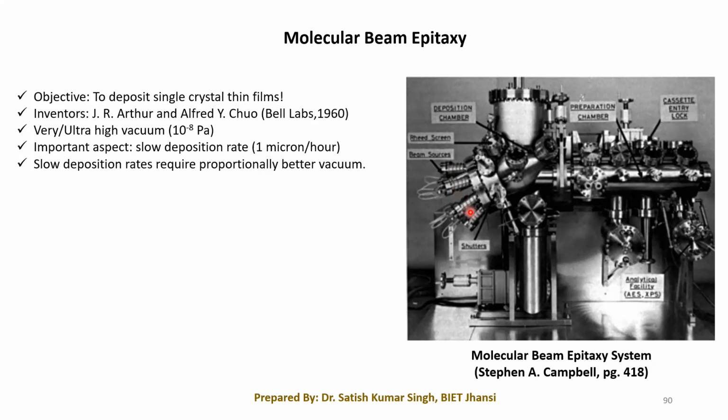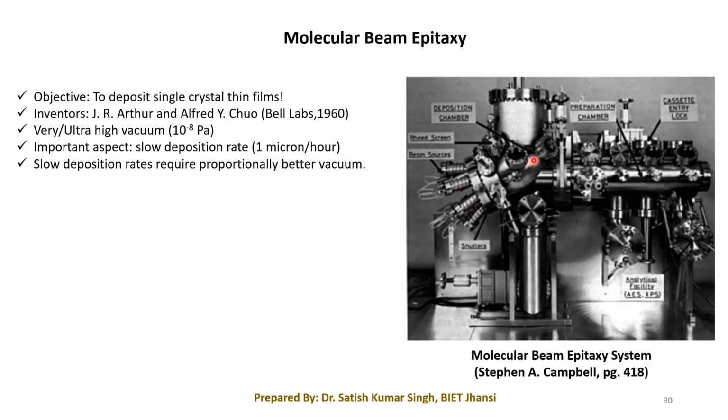Now we can see that there is a mechanical shutter. Here is the mechanical shutter. So the function of the shutter is to open the mouth of these chambers. If we are keeping any dopant material or any other material in this particular chamber, heating it by a certain mechanism, and it is getting evaporated, then once we open the shutter, it will allow this beam to go towards the substrate.